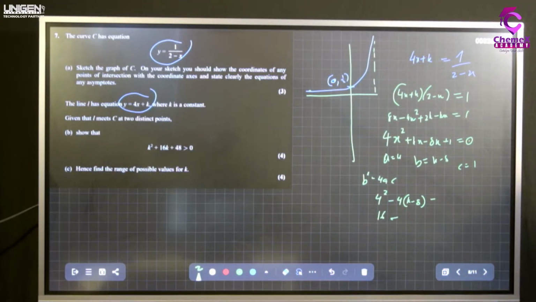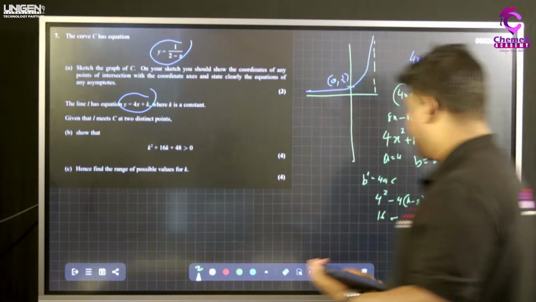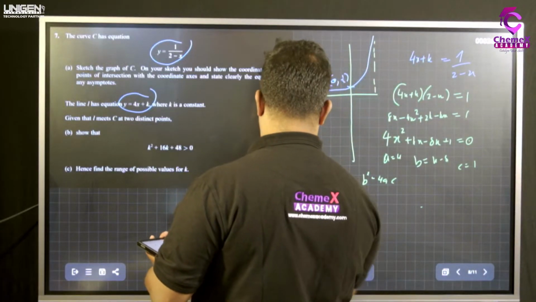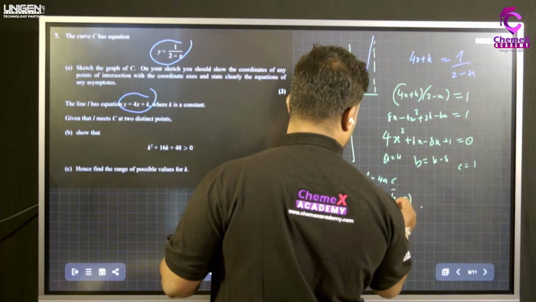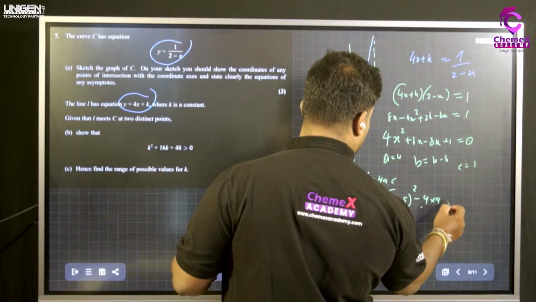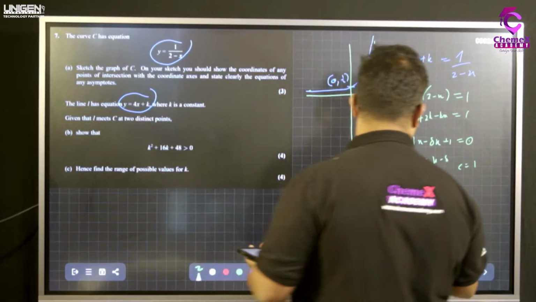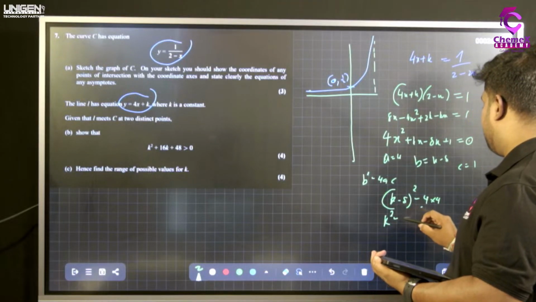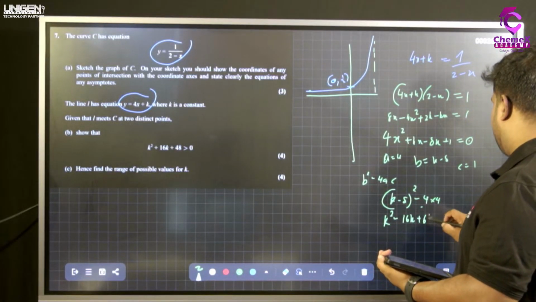Did I show that part? B square is not that, no? I did a mistake. B square is k minus 8 square. 4 times 4 times. So k squared minus 16k plus 64 minus 16.